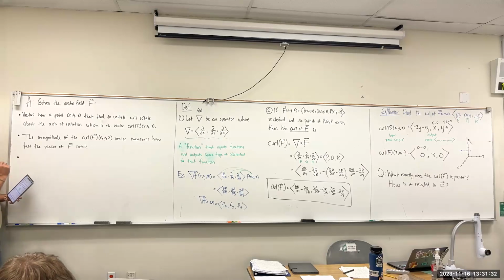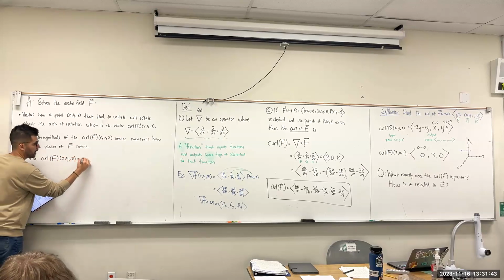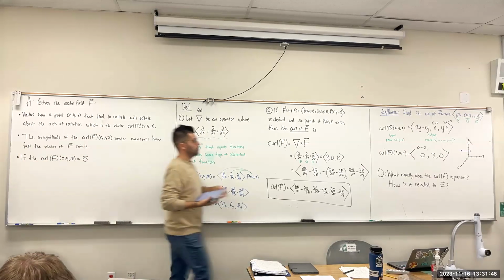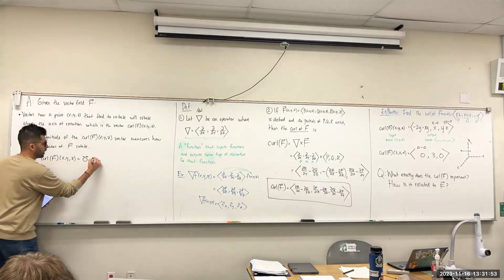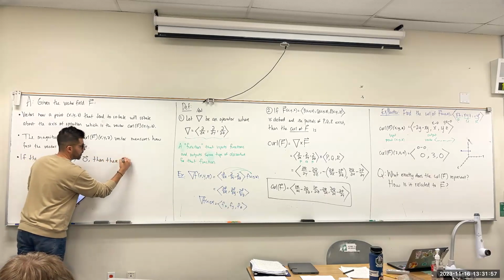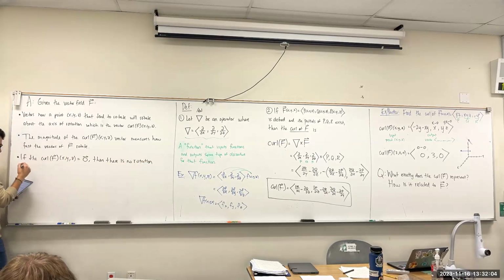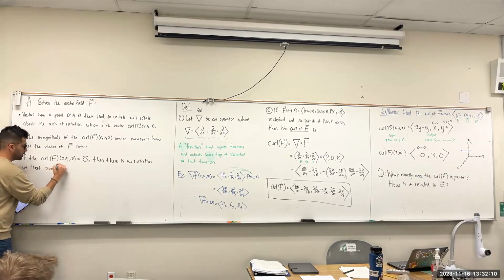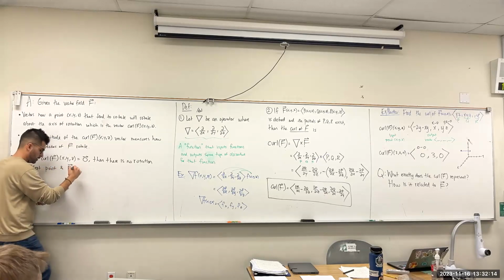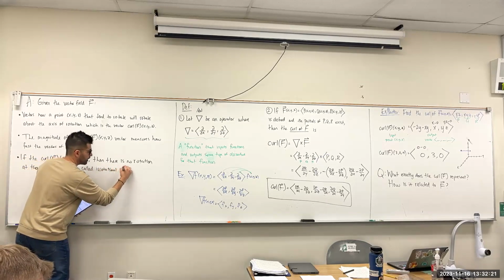And then the last thing, which is the important part that we're going to use for the theorem: if you plug in a point, and you end up getting the zero vector, we were very close to getting the zero vector from this one, we get the zero vector, then there is no rotation at that point, and F is called irrotational at that point.